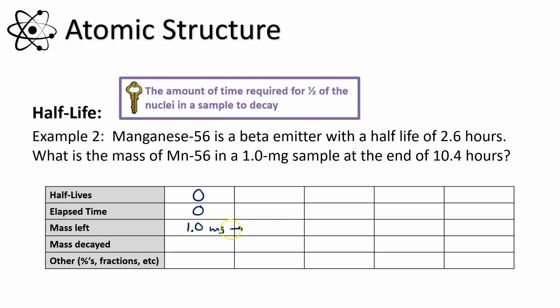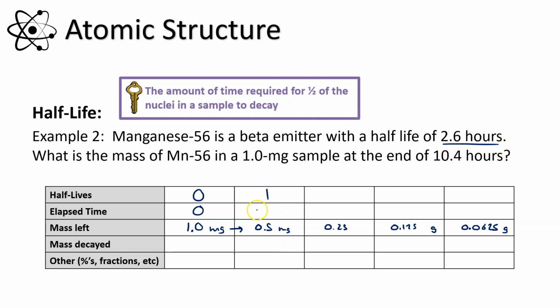Before I even really comprehend the question, I'm just going to do a bunch of different half-lives: to 0.5, to 0.25, to 0.125, to 0.0625. That's all just in my head, so I might be a little bit off there. That's how I like to do these, and then go back and see what this question is actually asking for. So here we know the half-life is 2.6 hours.